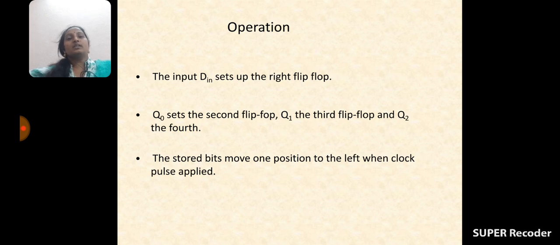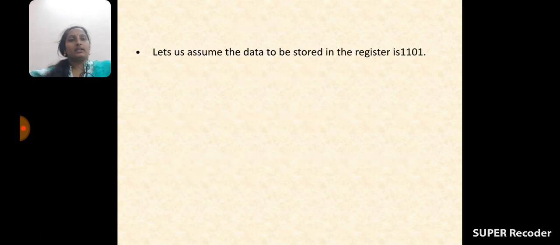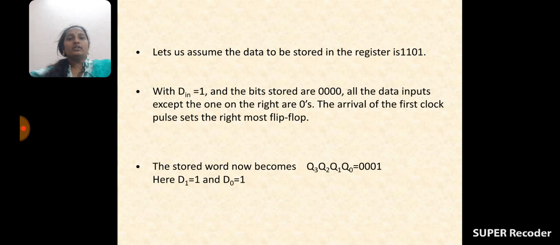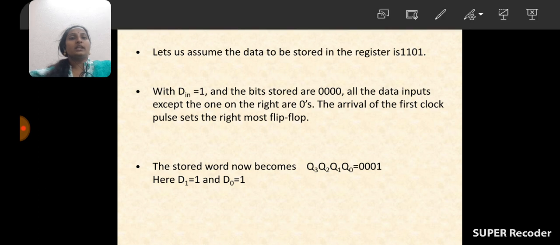The stored bits move one position to the left when the clock pulse is applied. So see here, with Dn equal to 1, the bits stored are 0, 0, 0. Here they take the example of 1101. So according to this example, D1 is 1, D2 is 0, D3 is 1, D4 is also 1.